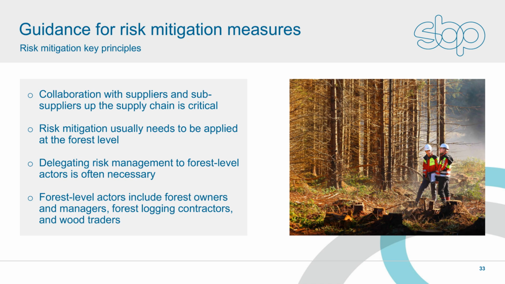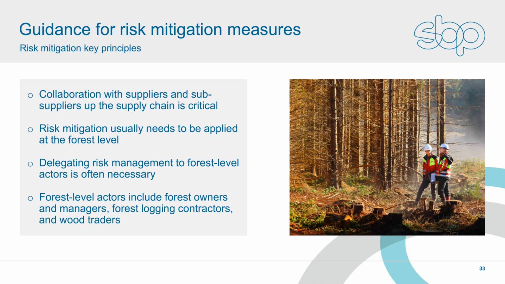So how does risk mitigation actually work in practice? Standard 2 sets the requirements, but applying them day to day rests on a few practical principles that experience has shown to matter most. Let me walk you through them. The first and most important principle is that collaboration with suppliers and sub-suppliers up the supply chain is critical.